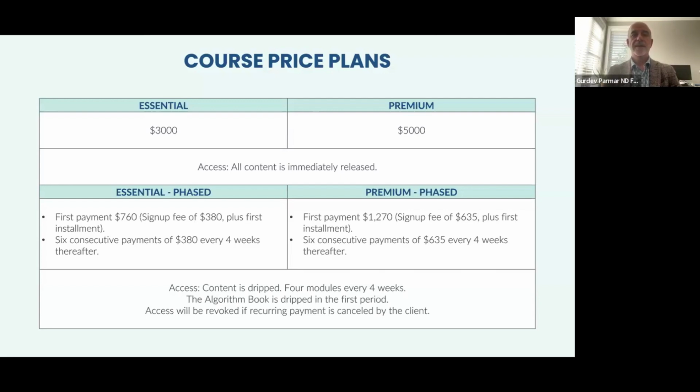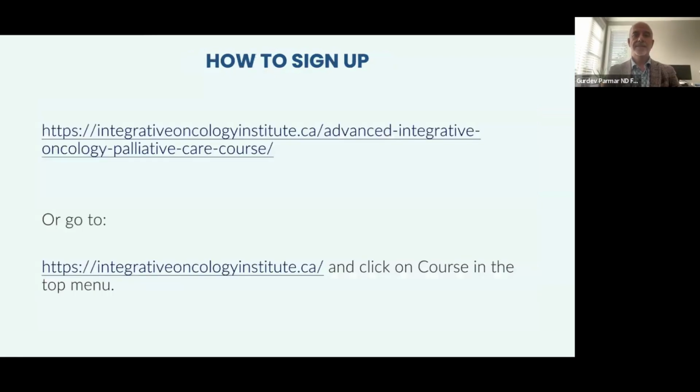There's an initial payment and then 6 consecutive payments for both the essential and the premium courses. If you do it in the phased approach, the content is dripped, 4 modules every 4 weeks, rather than you getting everything up front. So those are the course price plans.